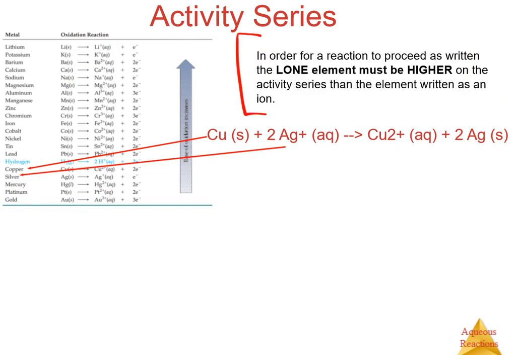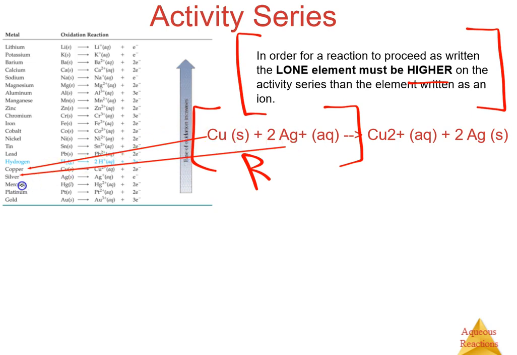So here we go. In order for a reaction to even happen, as written, the lone element must be higher on the activity series than the one written as an ion. Now, whenever we talk about this, we're talking about the reactants. So the reactants, the one that is alone, or your solid, must be located higher on the activity series than the one written as an ion.